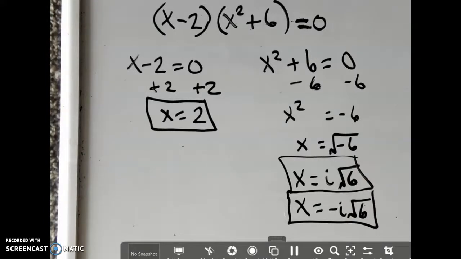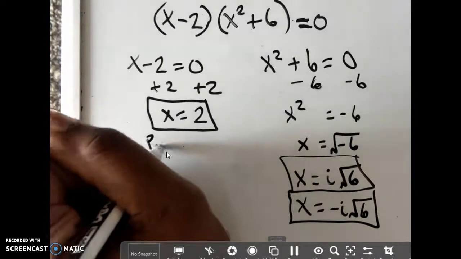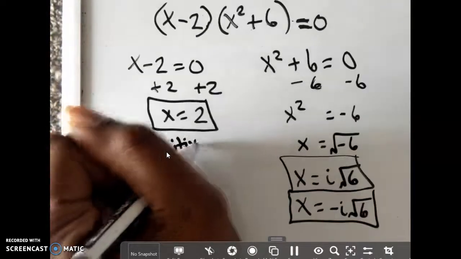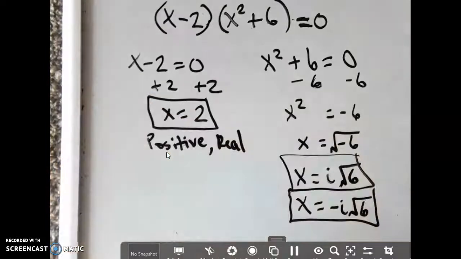So here are our 3 roots of this polynomial: 2, i times the square root of 6, and negative i times the square root of 6. We have 1 positive, 2 is positive, and it's a real root.